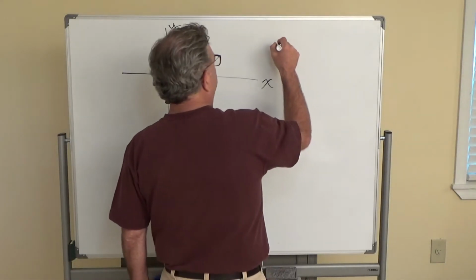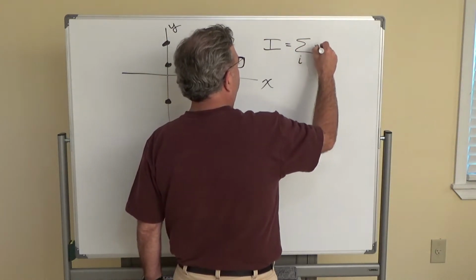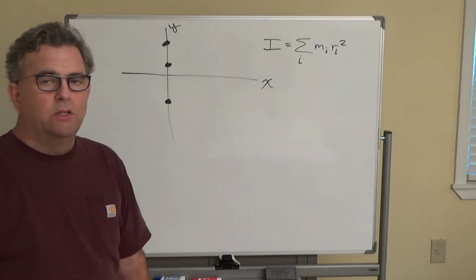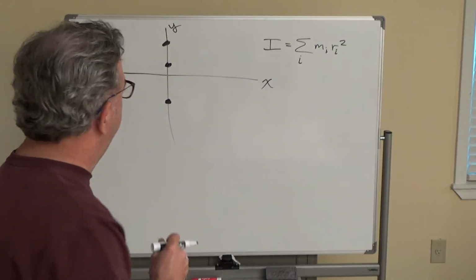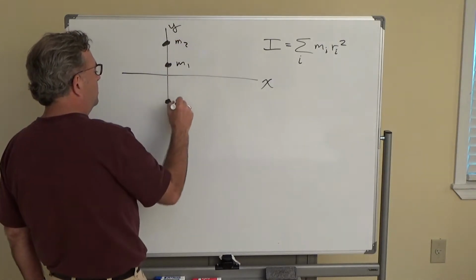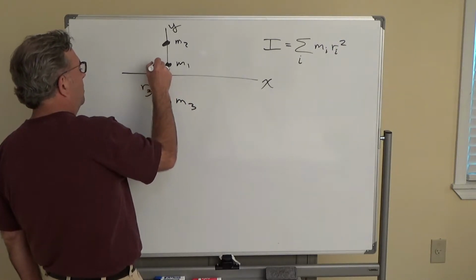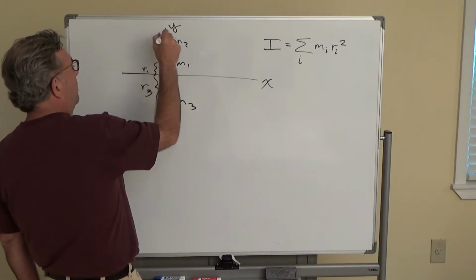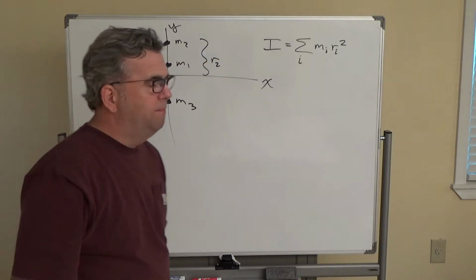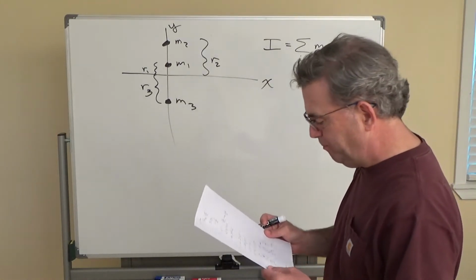Remember that the moment of inertia for point masses, you just sum them up: the sum over i of m sub i, r sub i squared. So r is that distance from the axis of rotation. If this is m1, this is m2, this is m3, this distance would be r3, this is r1, and that's r2. Sum it up and find the moment of inertia about the x-axis.